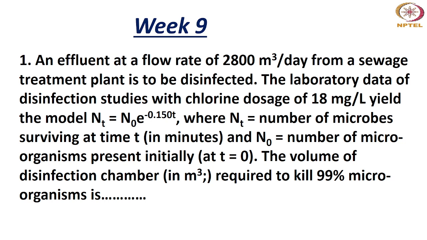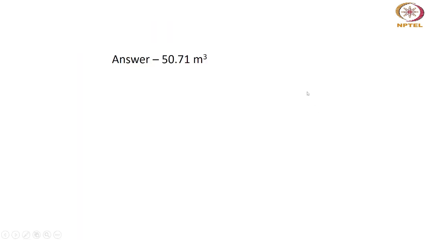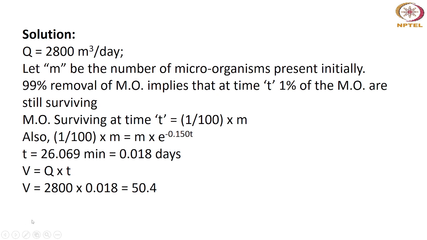So I'll go for the solution. The correct answer will be 50.71 meter cube. Here you can see that Q, the flow rate, was 2,800 meter cube per day, and N naught was the number of microorganisms present initially.